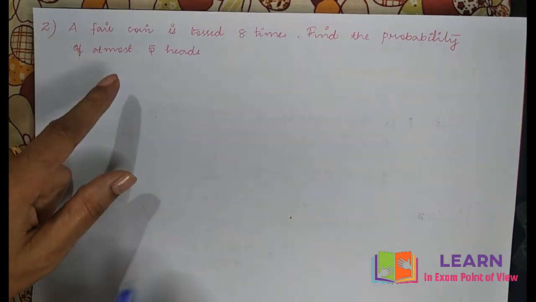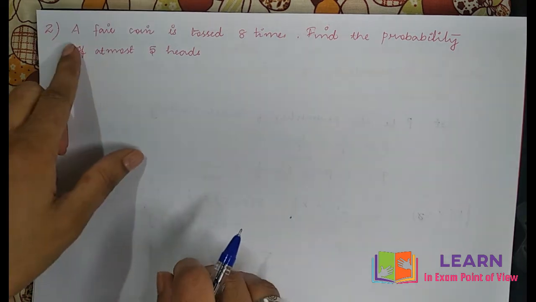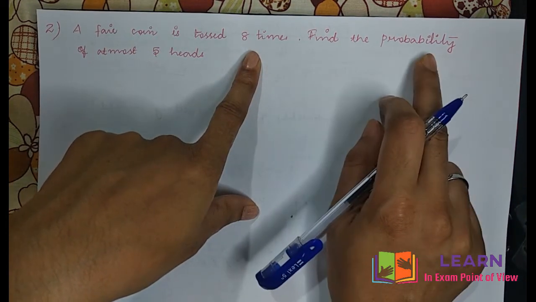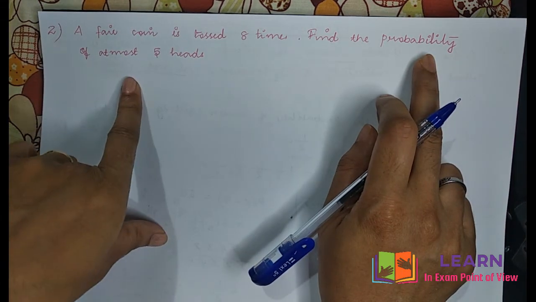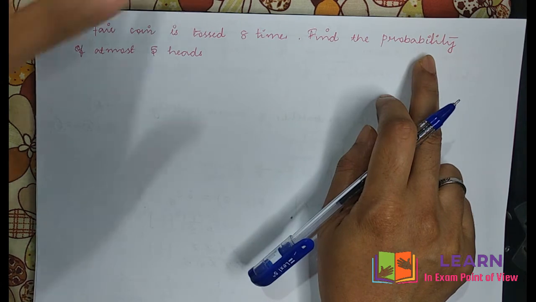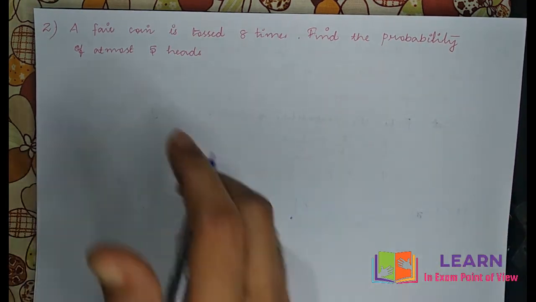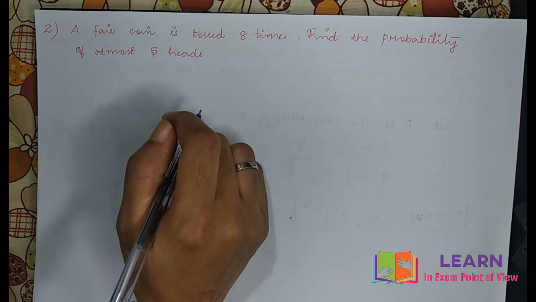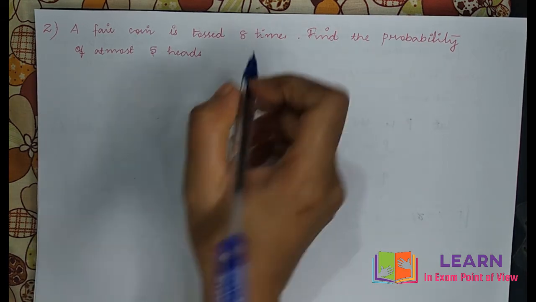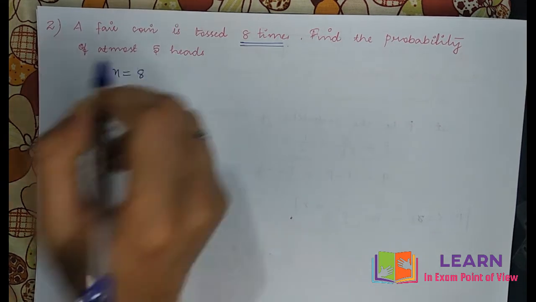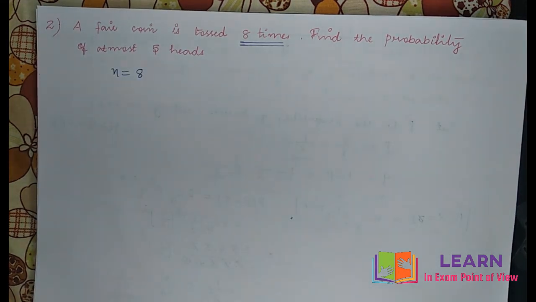Okay, next question. A fair coin is tossed 8 times. Find the probability of at most 5 heads. Okay, so same thing we are using here, Bernoulli's trials. And here n is what? 8 times, right? 8 times we are tossing, so n is actually 8.